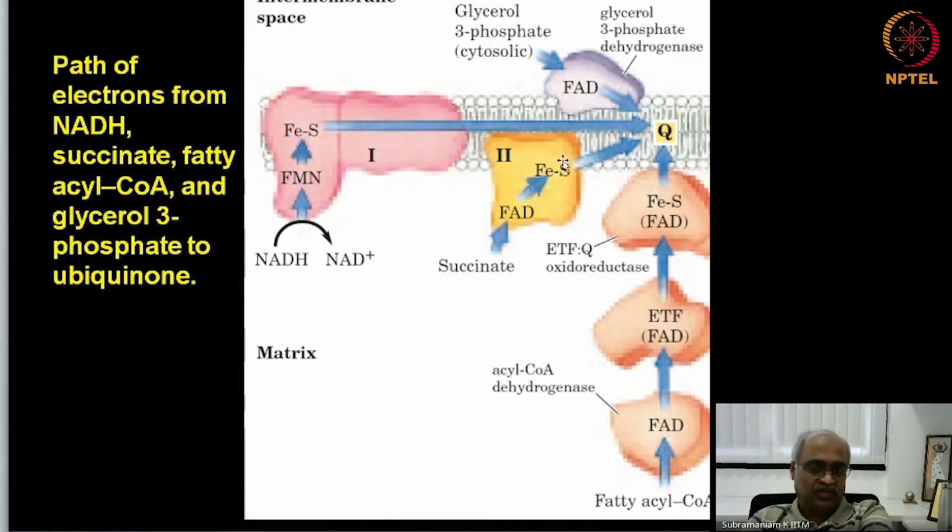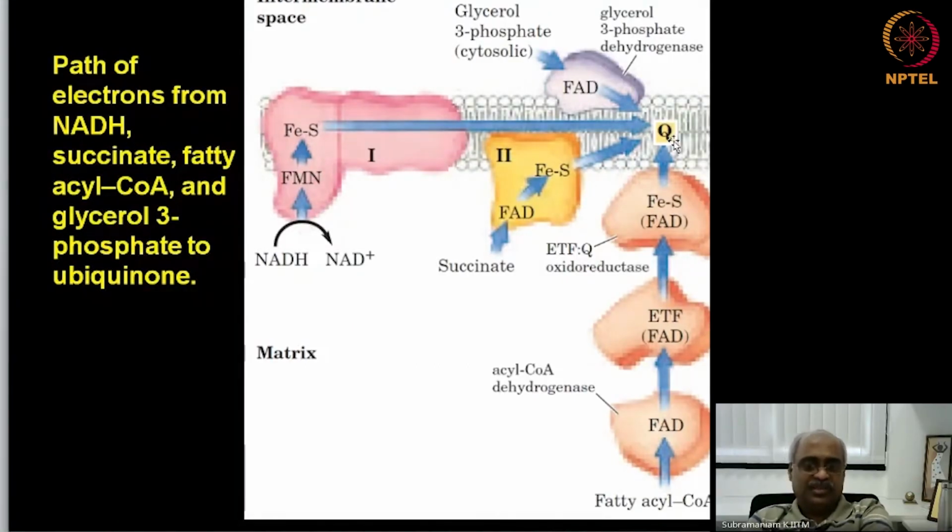So ubiquinone, as we have seen, can accept 1 or 2 electrons at a time. It can also donate 1 or 2 electrons at a time. That becomes crucial for the next steps. So the complex 3 is going to transfer electrons to cytochrome C, and that accepts only 1 electron.